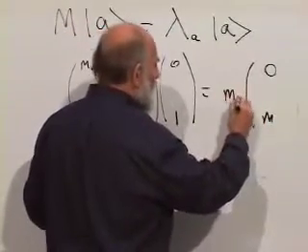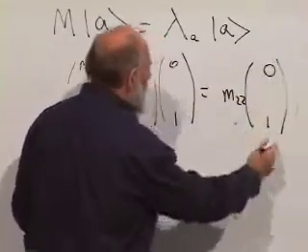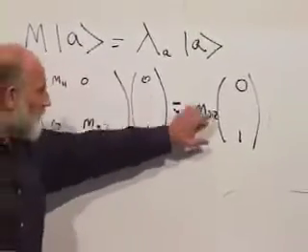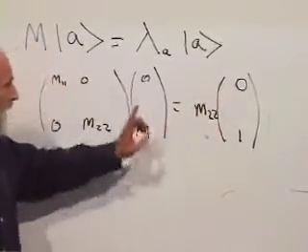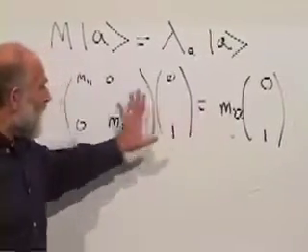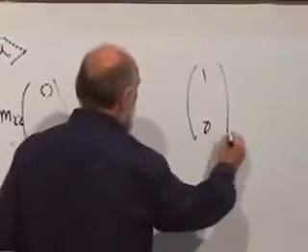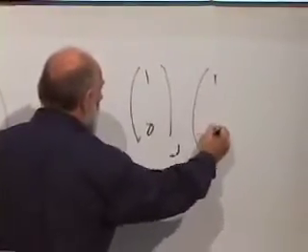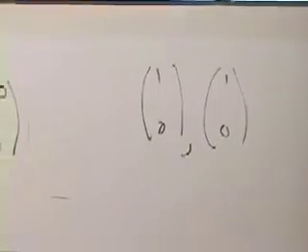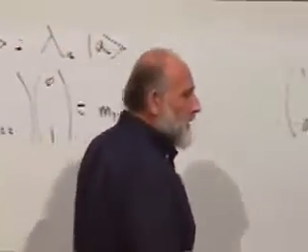And that's just M22 times 0, 1. So we found another eigenvector. Matrix times vector equals number times the same vector, and this time the eigenvalue is M22. So the two vectors, 0, 1 and 1, 0, are both eigenvectors, but with two different eigenvalues, M11 and M22. Okay. You can see where this is going.